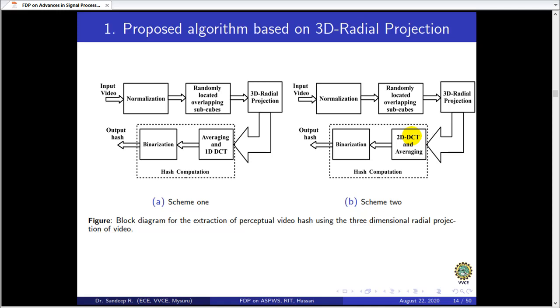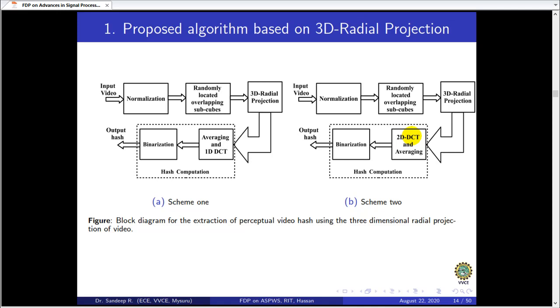To capture that information effectively, we represent it in terms of a matrix and then apply the two-dimensional discrete cosine transform on that. So we obtain one matrix for one subcube. There are so many subcubes, so we'll have so many matrices. Suppose I consider 32 subcubes, then I'll have 32 matrices.